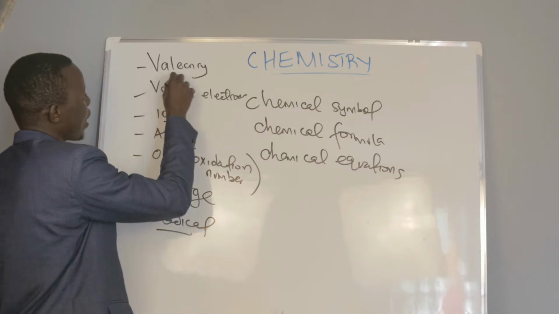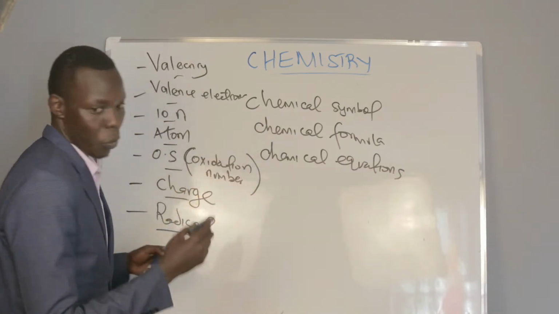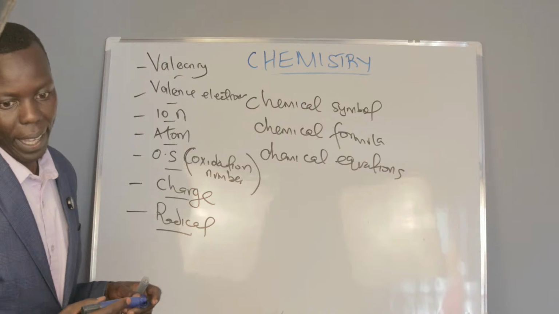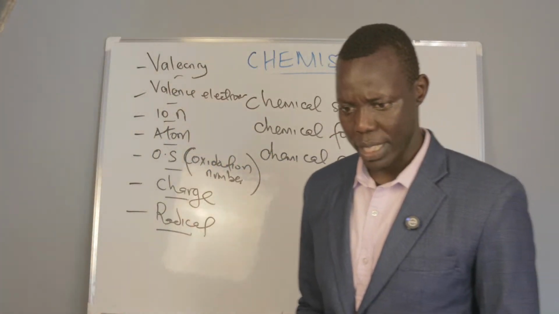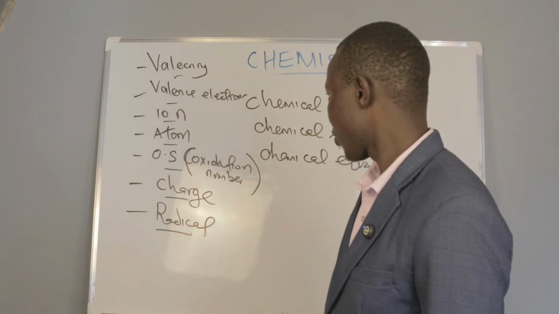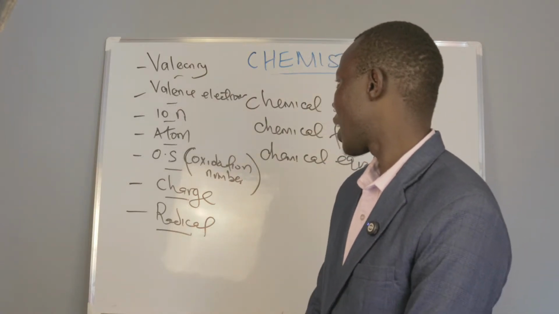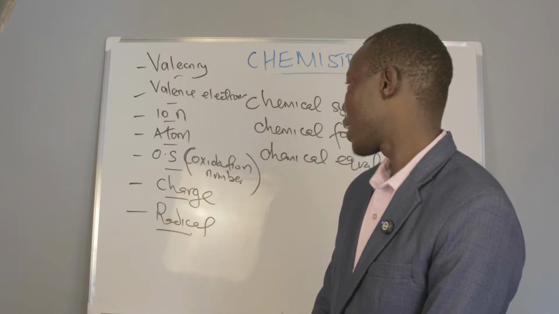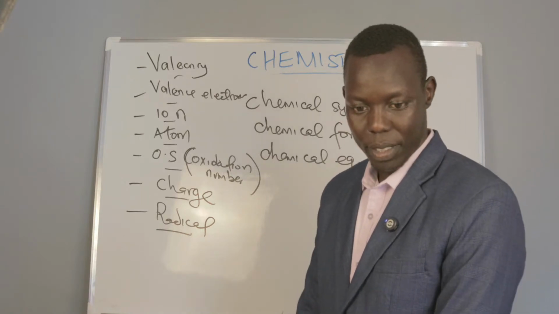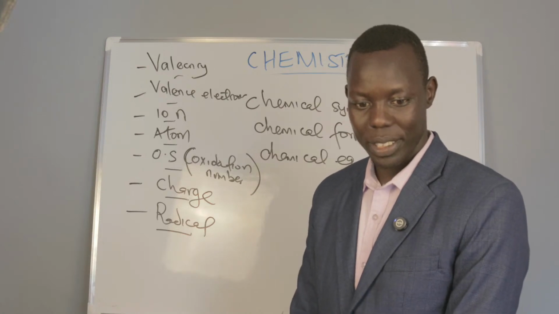Then, when we finish with these, we check on something a little. Pick yours and define it: valency, valence electrons, ion, atom, oxidation state, oxidation number, charge, radical. Just pick one, work on it.